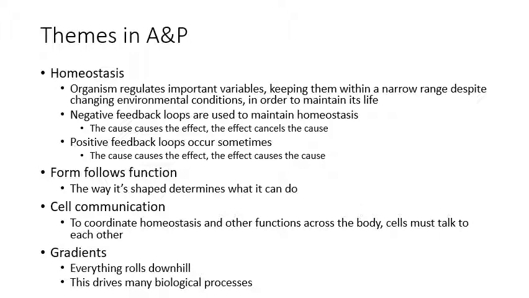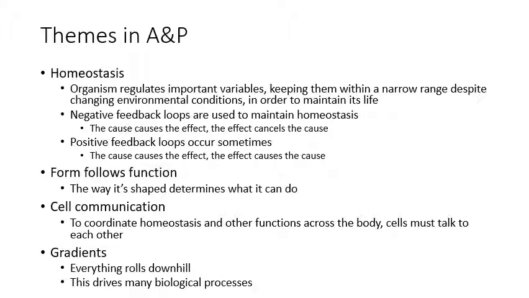And finally, gradients. Gradients are the way that things happen spontaneously, right? If you have a hill, and an object on top of that hill, like a round object, you have a gradient for that object where it has high potential energy at the top of the hill and low potential energy at the bottom of the hill.